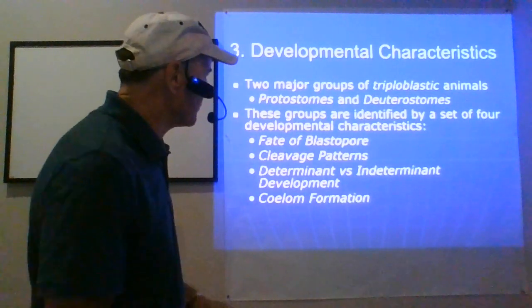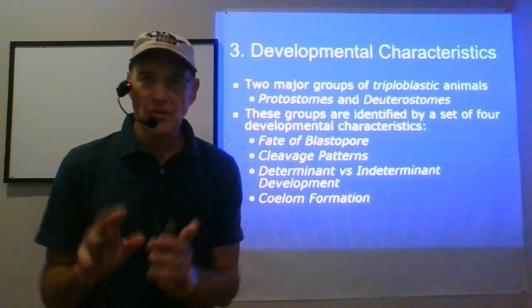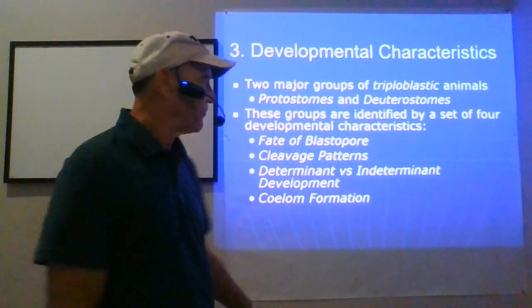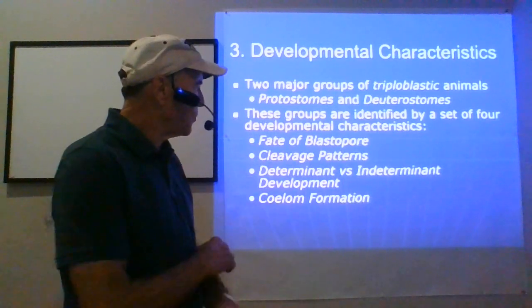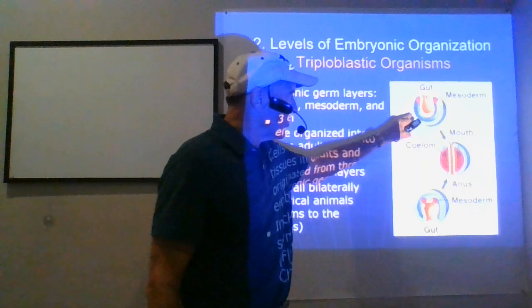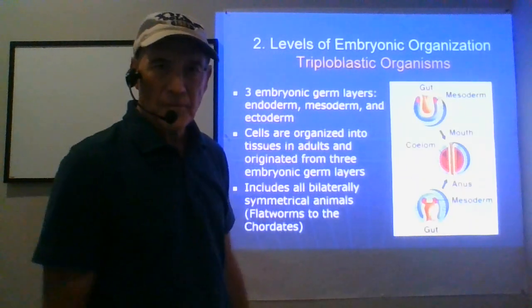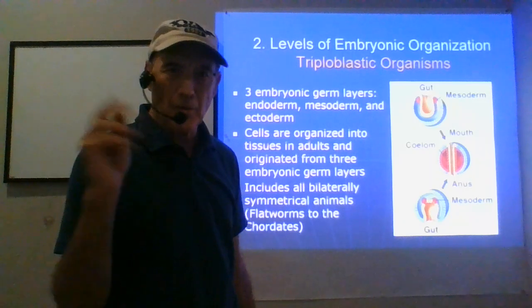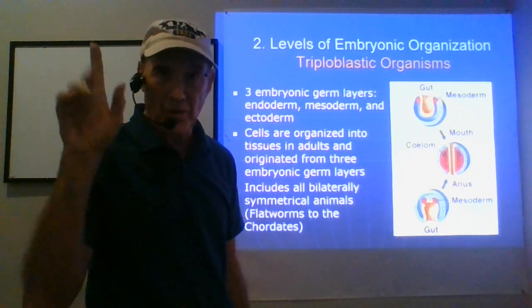Protostomes have certain features and deuterostomes have certain features. Let's see what they are. Fate of the blastopore. If we look back at this embryo, a pore forms first. It's called the blastopore. It's like an opening. It's going to become the mouth, and another opening will eventually become an anus if they have two openings.